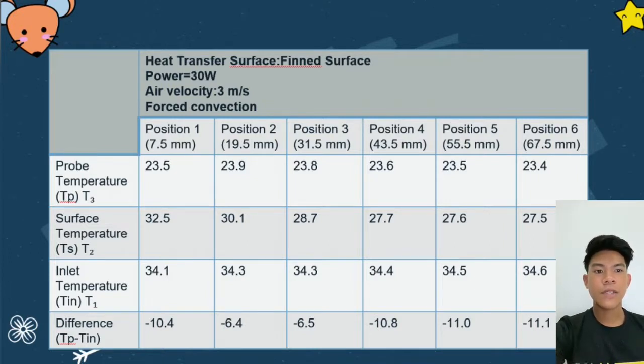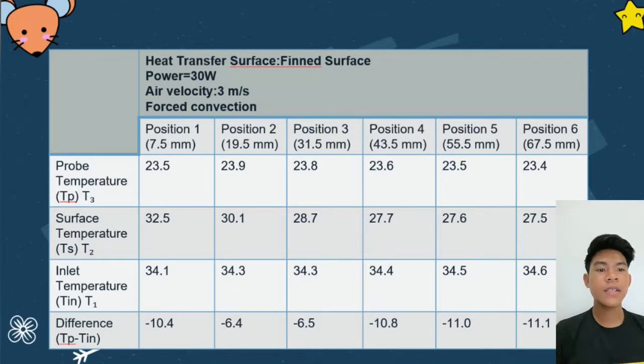So the surface temperature also changed a bit. For position 1 is quite high, it's 32.5, but it decreased to 30.1 for position 2 and continues to decrease until position 6.